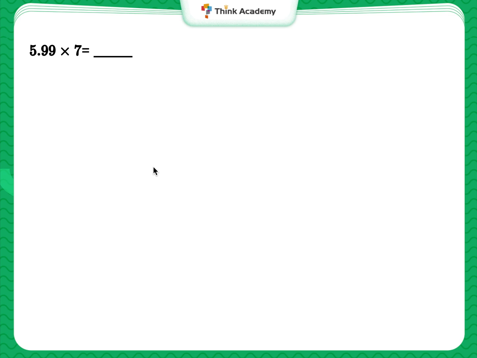All right, so now let's move on to the 73rd question we have. Now, in this question, it's asking you what is 5.99 multiplied by 7, which still we can use the same technique, the distributive law. And this time we write 5.99 as 6 take away 0.01, that multiplied by 7.